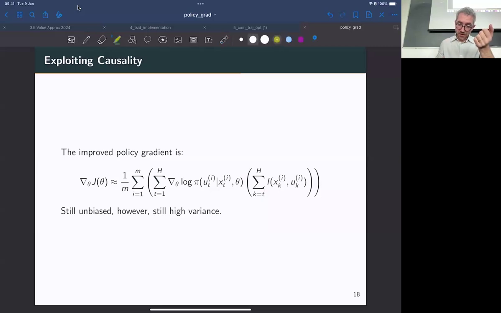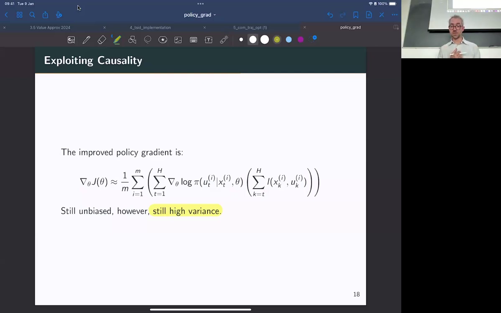However, the key point here is that even after we do that, we haven't really solved the issue of high variance. This trick of exploiting causality improves a bit the variance, so it reduces it a bit, but it still remains very high.